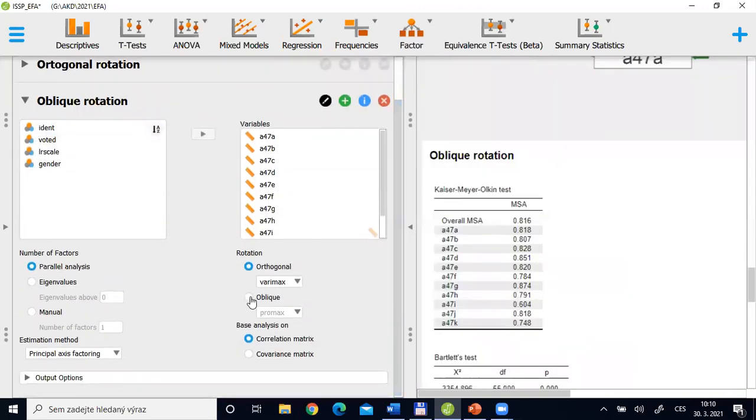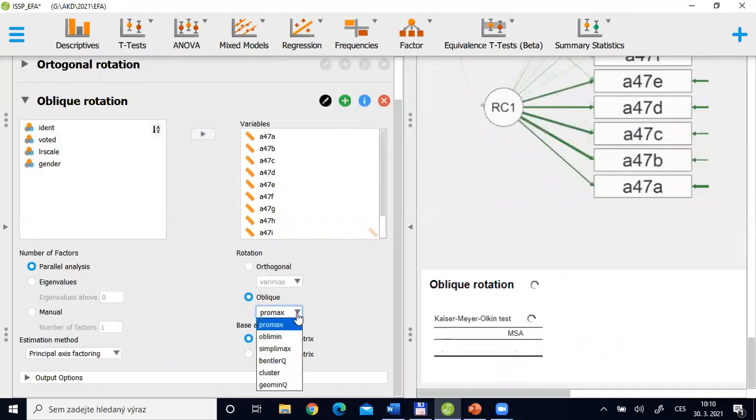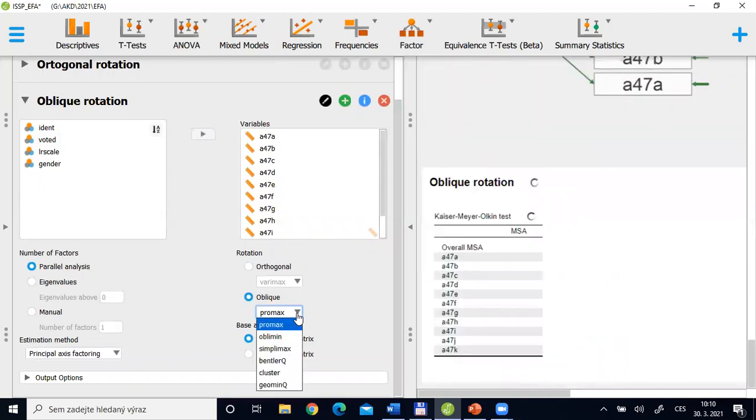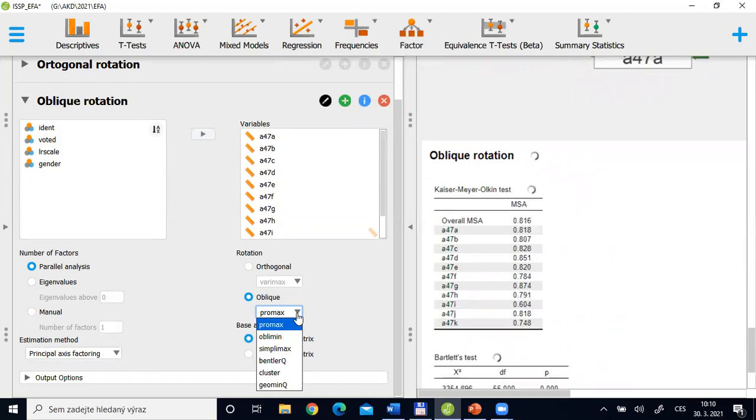So I would click here on oblique, and there are once again quite a lot of options here. I would say that for these oblique rotations, there are quite small differences between individual cases of these rotations. The big difference is between oblique and orthogonal, but between individual orthogonal and individual oblique rotations, the differences are quite small.